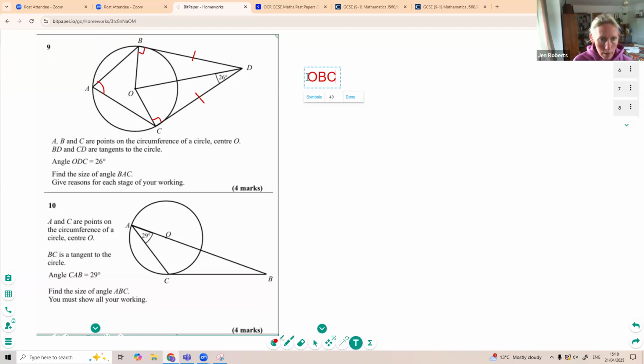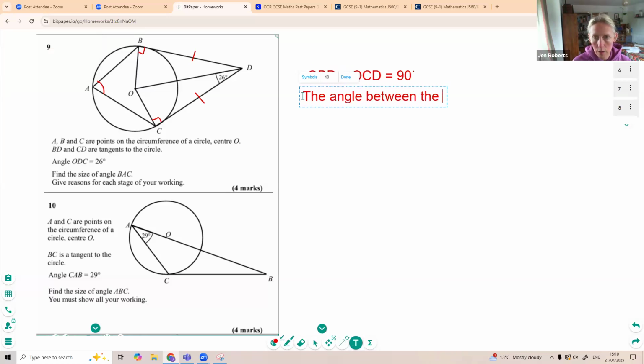OBD equals OCD. And they both equal 90. And your reason is the angle between the radius and the tangent.